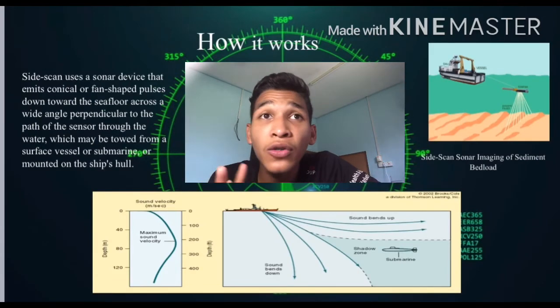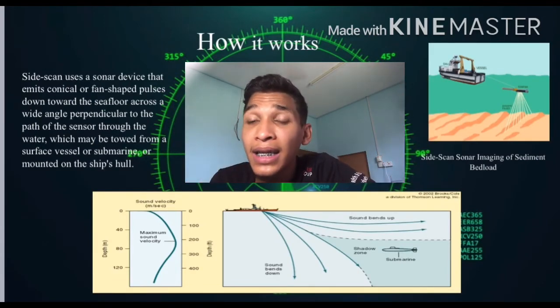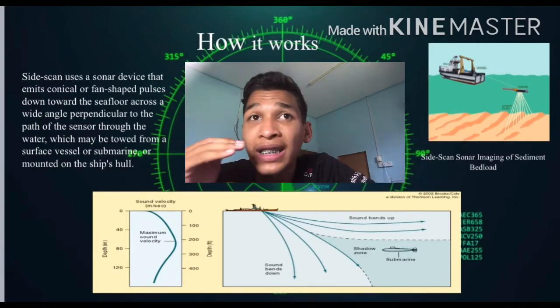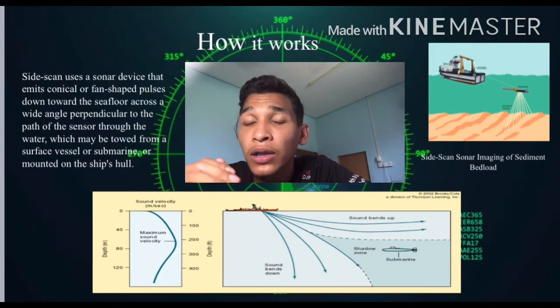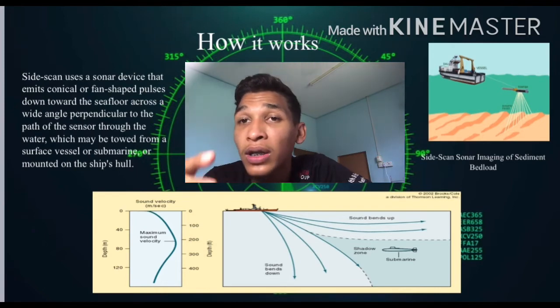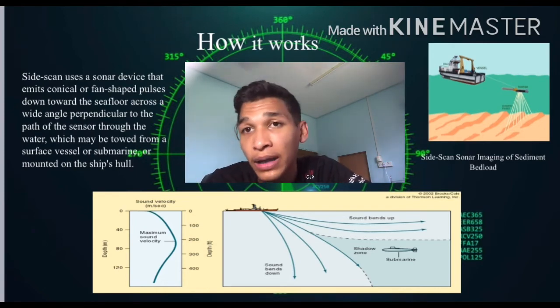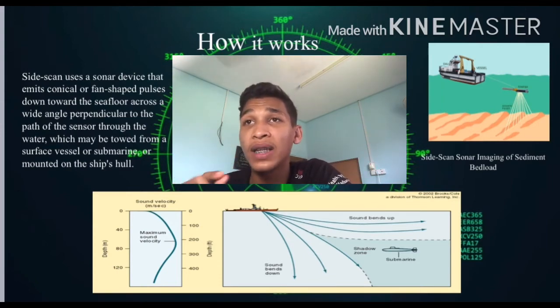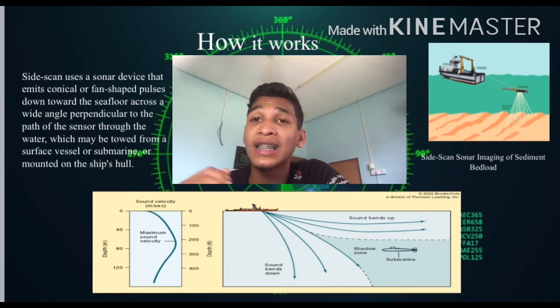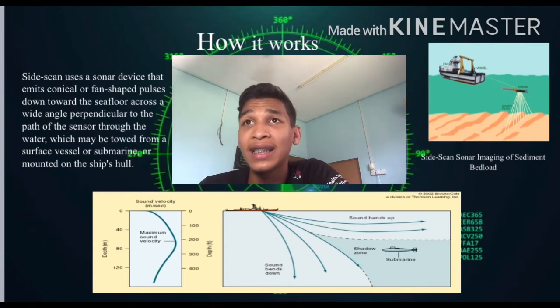Side scan sonar uses a sonar device that emits conical or fan-shaped pulses down to the seafloor across a wide angle perpendicular to the path of the sensor through water, which may be towed from a surface vessel or submarine or mounted on the hull of the ship. The intensity of the acoustic reflection from the seafloor of this fan-shaped beam is recorded with a series of cross-track slices.